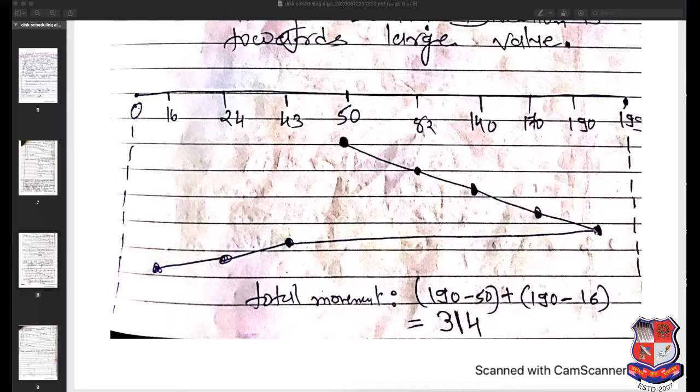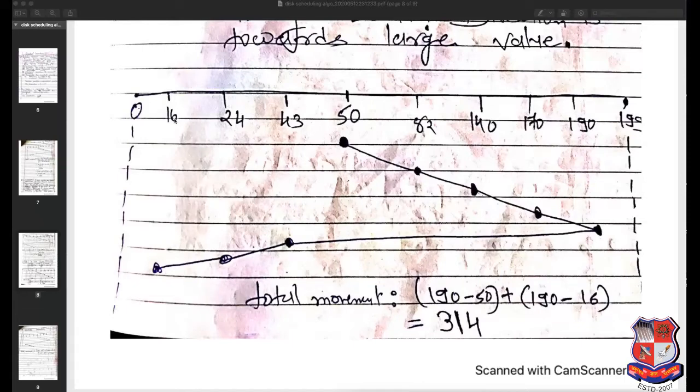When we reach the end position, then we move in the reverse direction, 190 to 43. Then 43 to 24, and the last request track is 16.